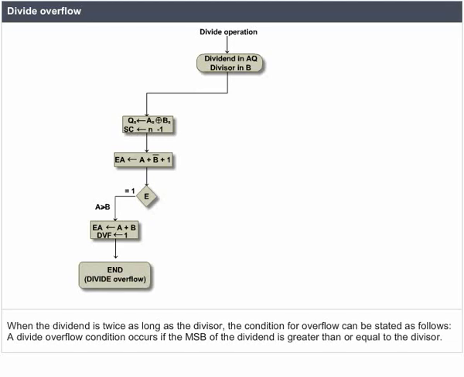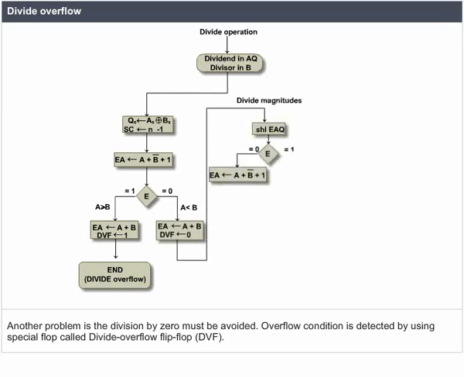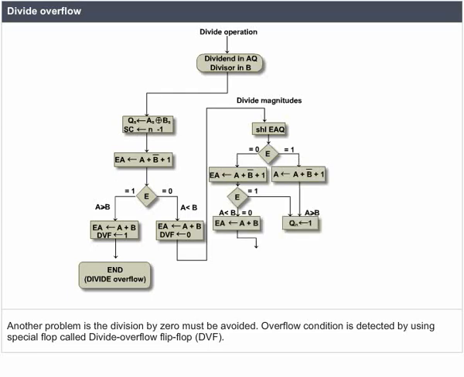When the dividend is twice as long as the divisor, the condition for overflow can be stated as follows. A divide overflow condition occurs if the MSB of the dividend is greater than or equal to the divisor. Another problem is that division by 0 must be avoided. Overflow condition is detected by using a special flip-flop called divide overflow flip-flop, DVF.